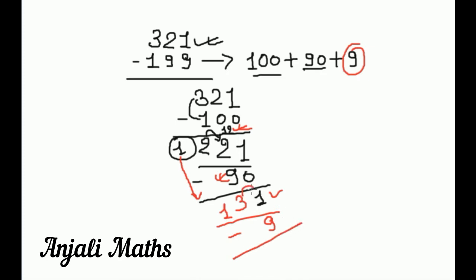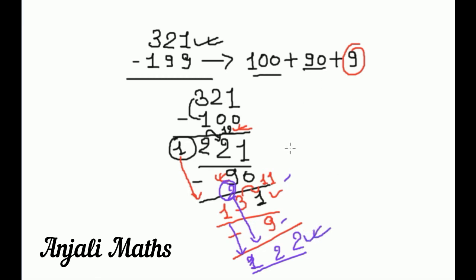We will borrow 1 from here. Now this is 11 and this is 2. So 11 minus 9 is 2. We will write 2 here and 1 here. So this is our answer.